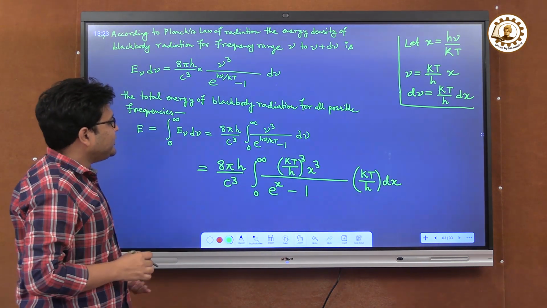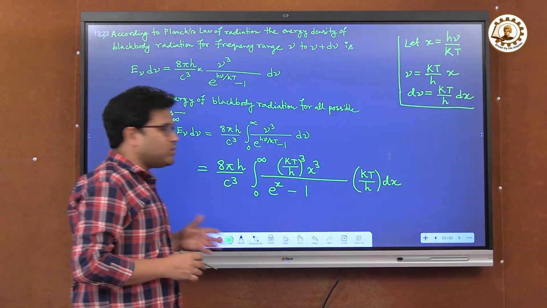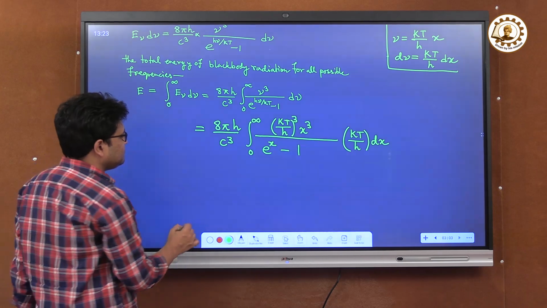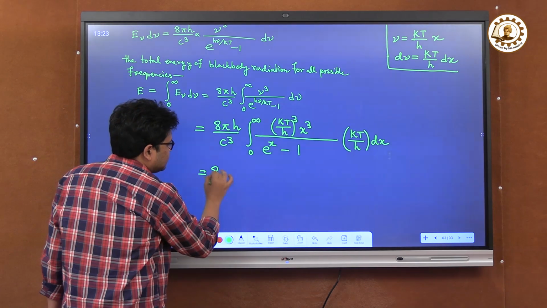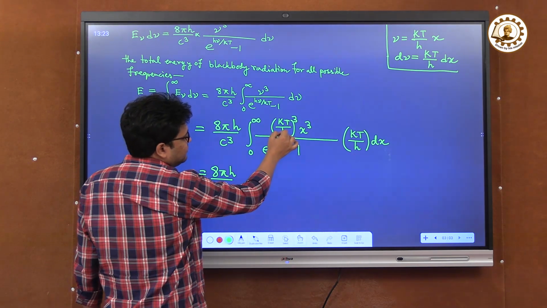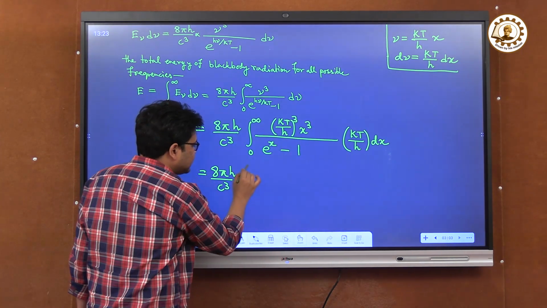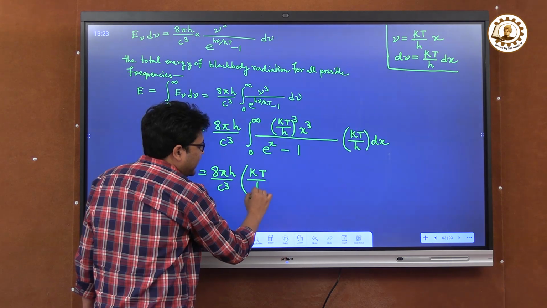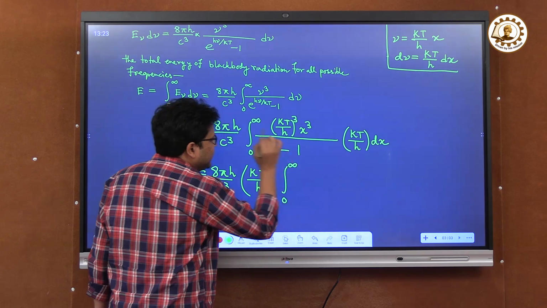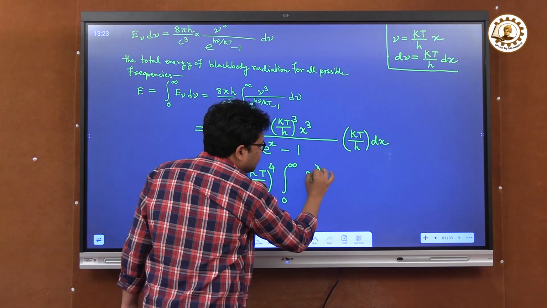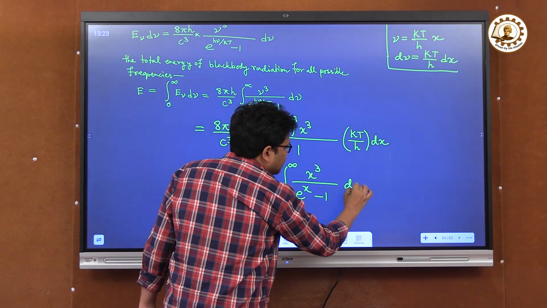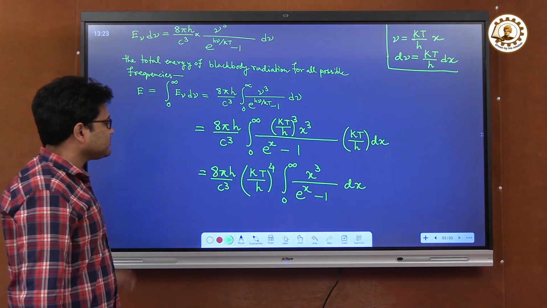Now if we take kT by h, since it is a constant quantity, outside of the integration sign, then we have 8 pi h by c cube, kT by h cube and kT by h, that means kT by h to the power 4, integration from 0 to infinity x cube divided by e to the power x minus 1 dx.